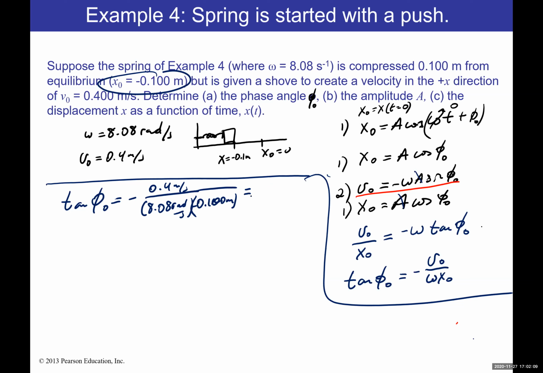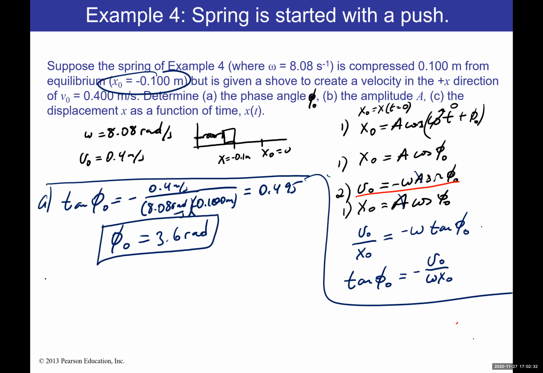Calculating all that, I get 0.495. That means tangent of phi naught equals 0.495. Then calculating phi naught gives me 3.6 radians. That's my phase constant phi.